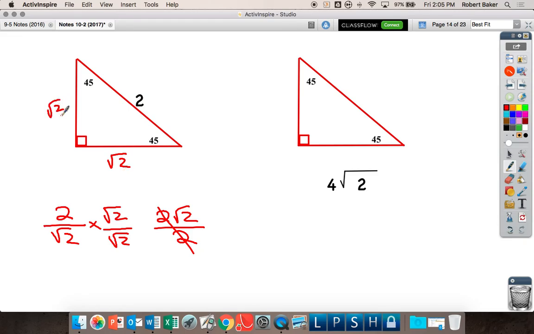It's weird, right? But what if I did this? What's 1 times 2? It's not that weird. It's kind of weird, but it's not. If you have a whole number here, you have to expect to see a radical over here.